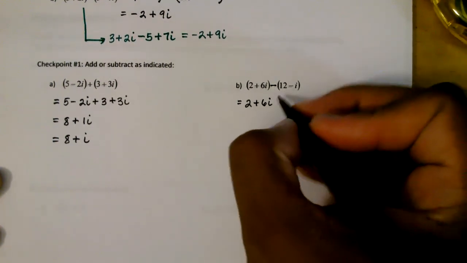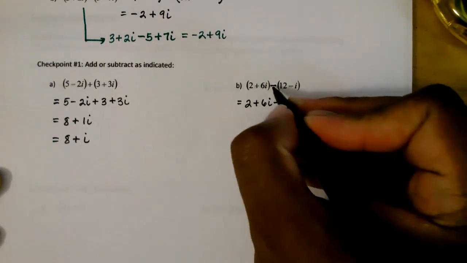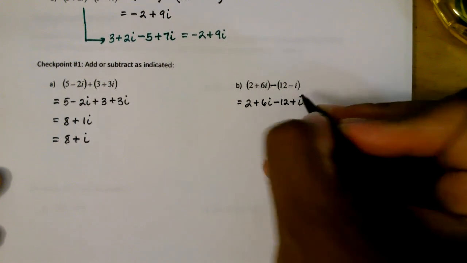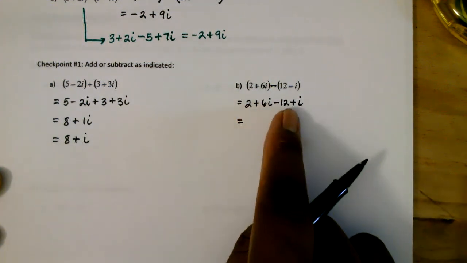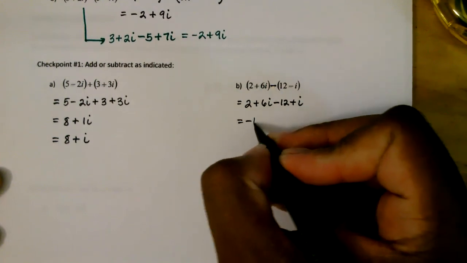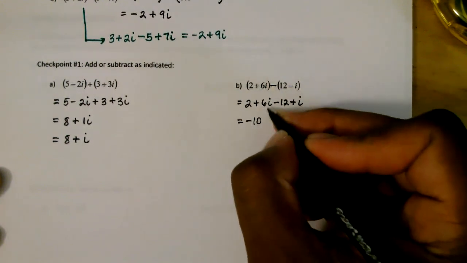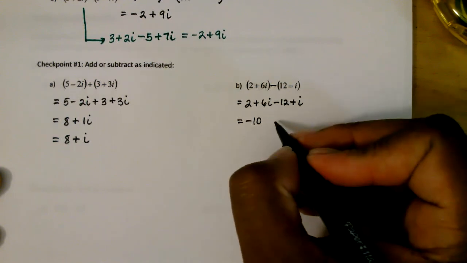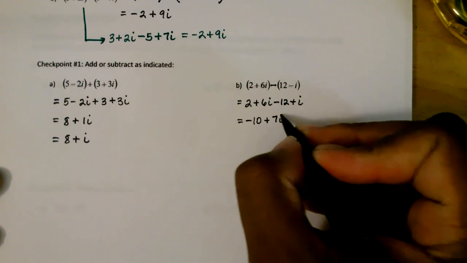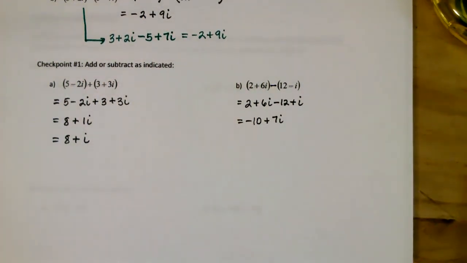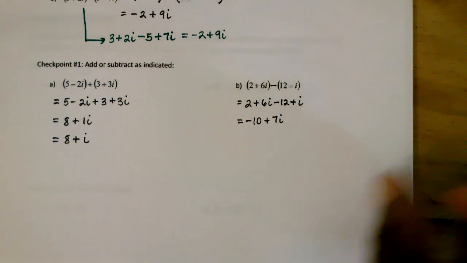This minus sign will make the 12 minus 12, and the minus sign makes the minus i plus i. Now we can combine like terms. 2 minus 12, that's negative 10. 6i plus i, well, 6i plus 1i would give me a plus 7i. So negative 10 plus 7i would be the answer to part B.